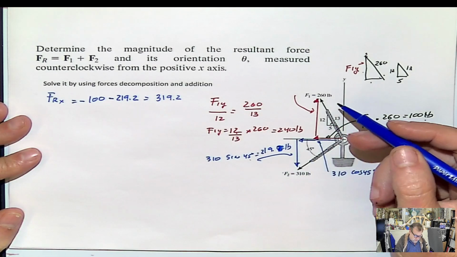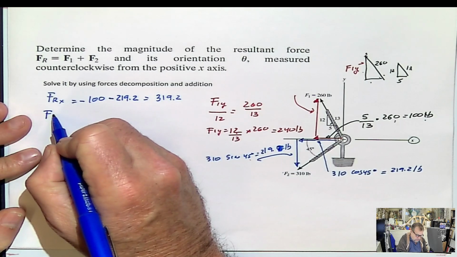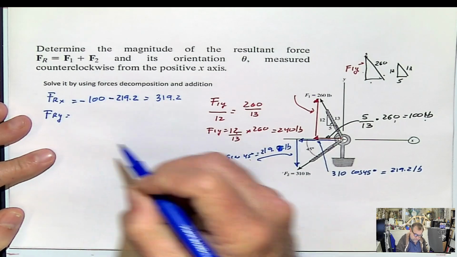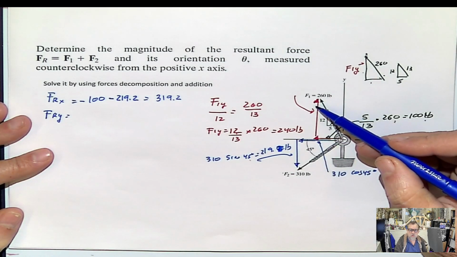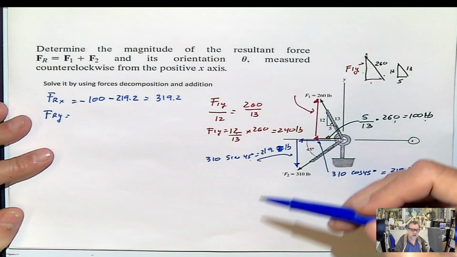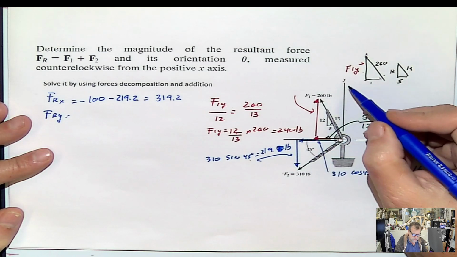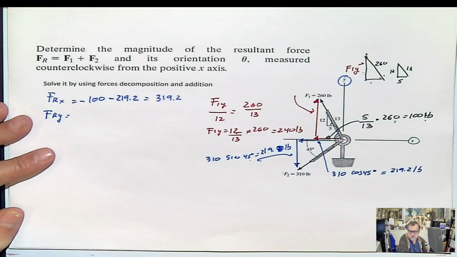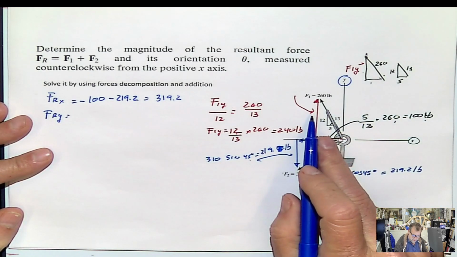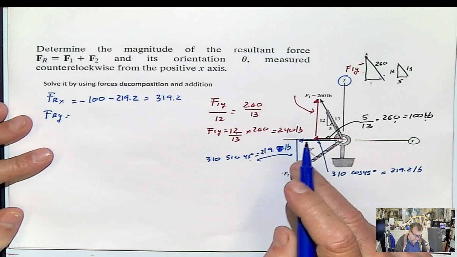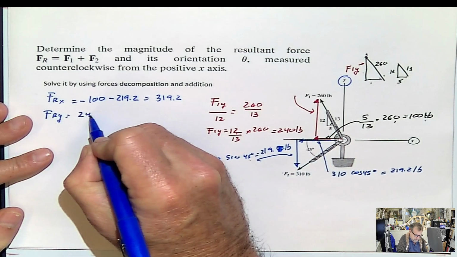In the x direction, be careful when we calculate our resultant force in the y direction. Now we have this one. This one is positive. Why is it positive? It's not positive because it's up. It's positive because it's pointing in the same direction as the positive y-axis, which in this case is up. So that value will be 240 positive.